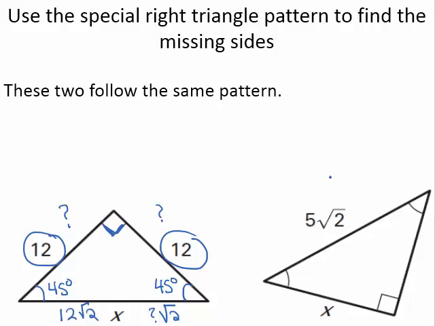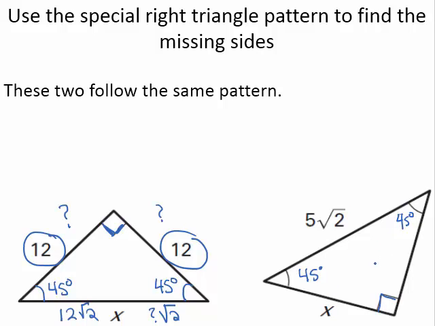Let's take a look at this other example, the one to the right. Now notice again, it does not tell us that the two angles are 45 degrees. But since it's a 90-degree triangle, and all the angles inside of a triangle add up to 180 degrees, that means both of these angles must be 45 degrees, because 45 plus 45 plus 90 equals 180.